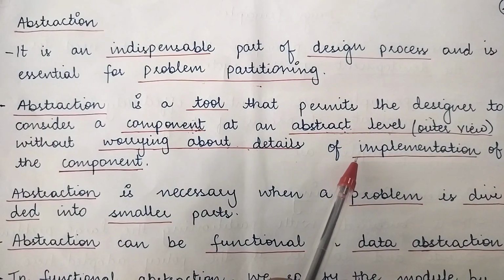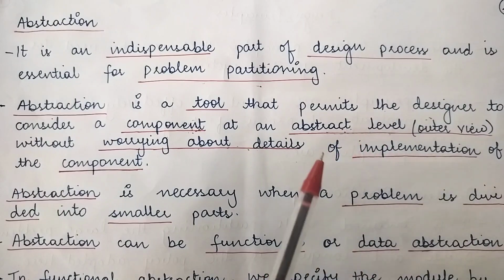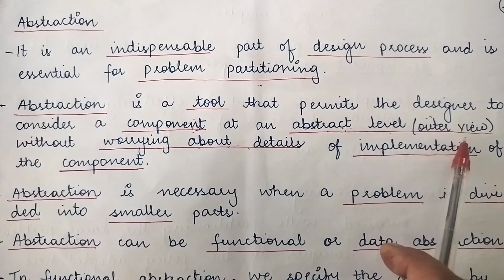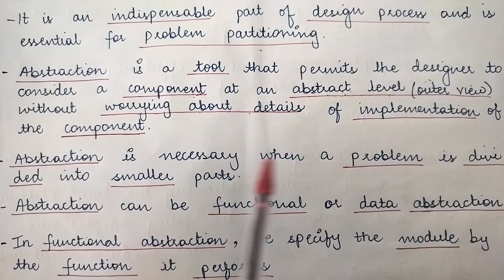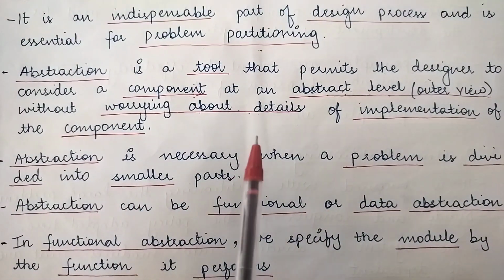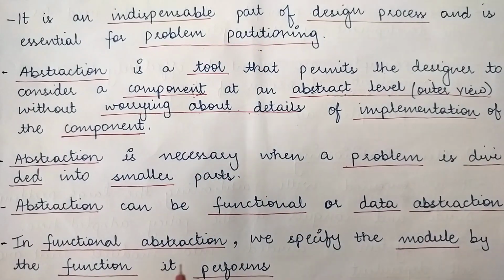That means how that functionality will be achieved is not the concern here at the abstract level. Hence it is also known as an outer view. Abstraction is necessary when a problem is divided into smaller parts. Whenever we are following problem partitioning as a design principle, abstraction becomes very necessary.